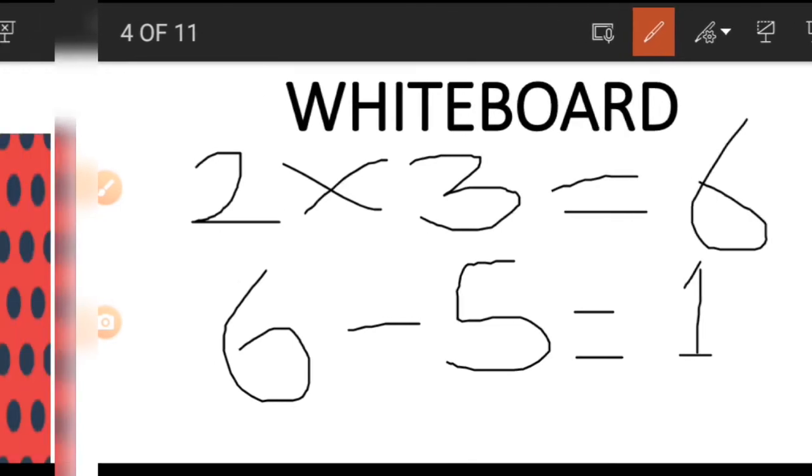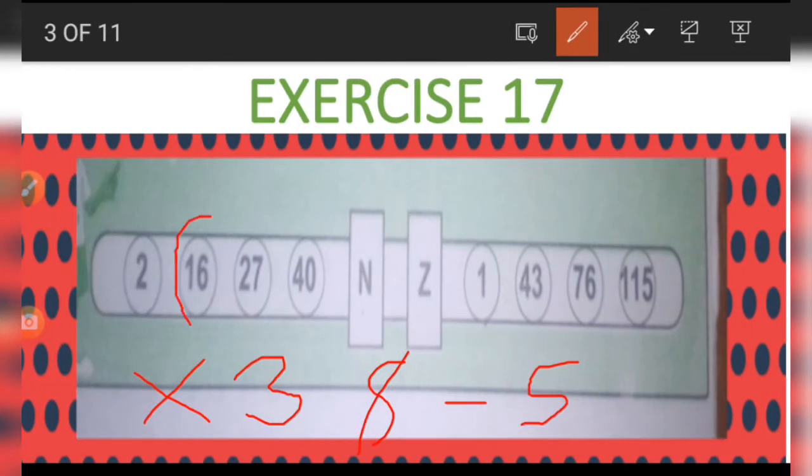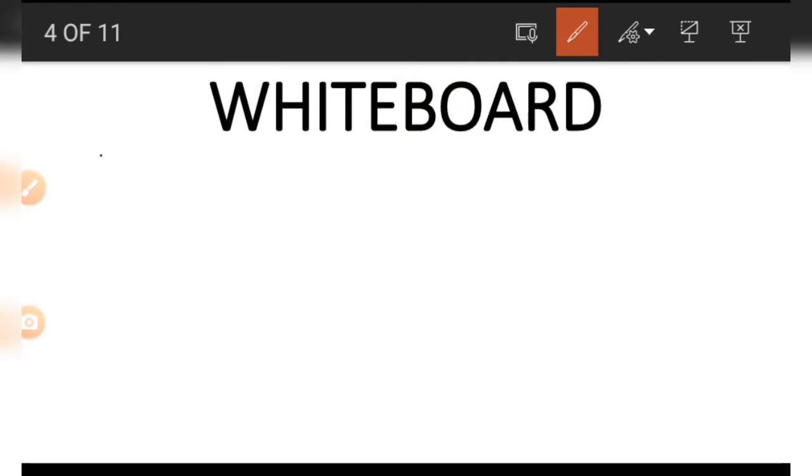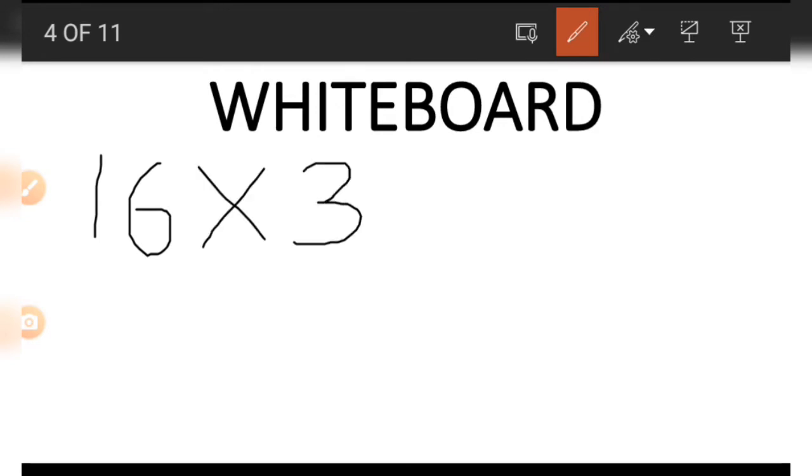Alright, now let's look at the second number, which is 16, and how to get the 43 from it. So we start with the imaginary number times 3. So we have 16 times 3. When we do this, we will get 48.